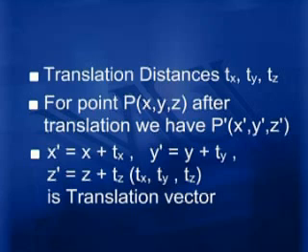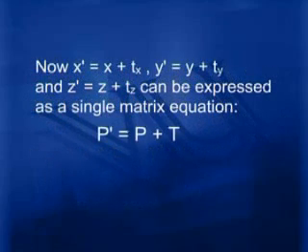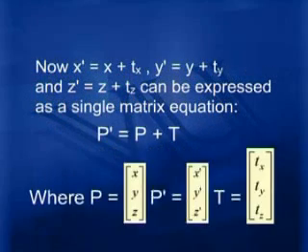Here tx, ty, tz are the translation distances, and together they form our translation vector tx, ty, tz. Now we've got x dash equals x plus tx, y dash equals y plus ty, and z dash equals z plus tz.